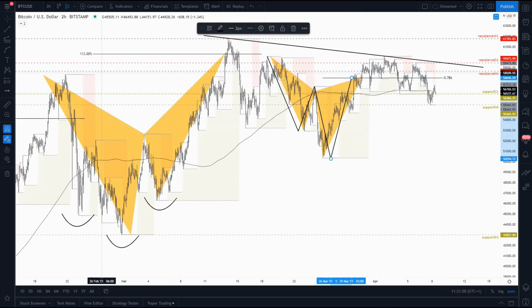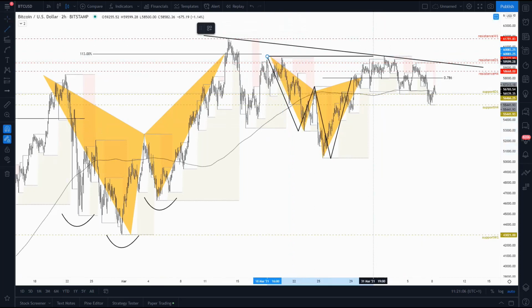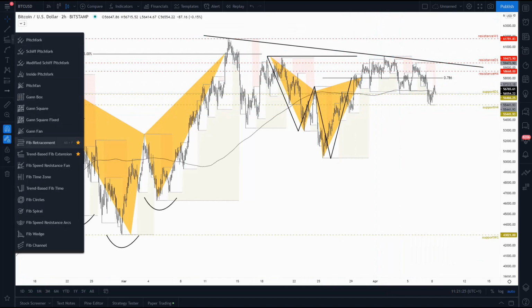So we expect the market to start to fall without violating the previous structure highs and the starting point of the pattern. And in fact, what we have is a retest of those highs without breaking above this structure resistance level. So the pattern remains valid until the market violates the previous structure highs, as I said.